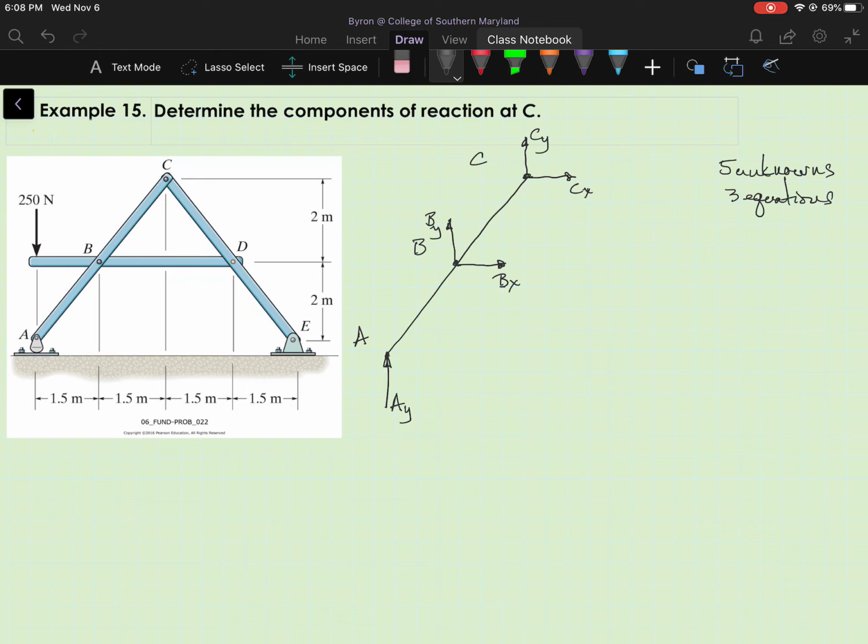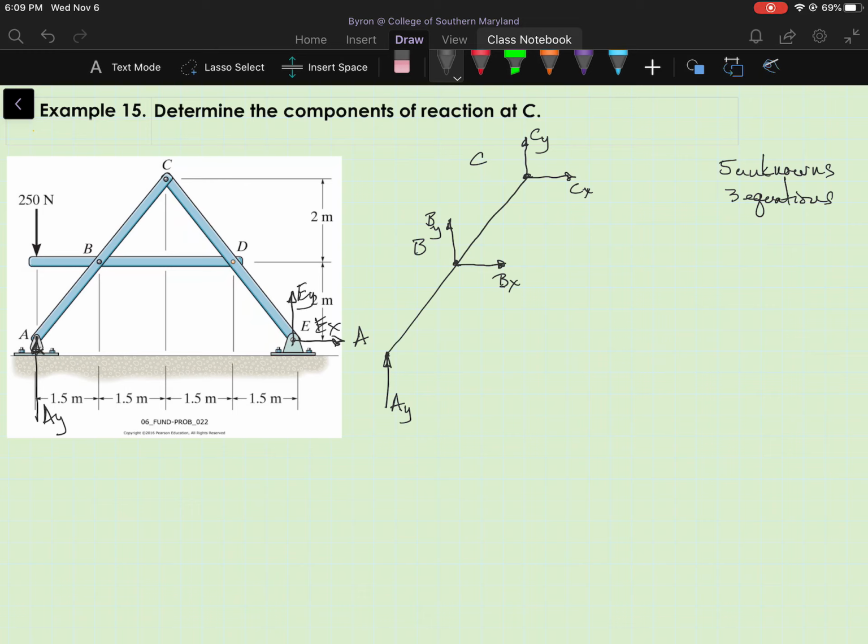I'm going to mark those unknowns right on the original figure. So I have A sub y at the rocker, and then at E, that's a pinned connection, I'm going to show E sub x and E sub y.